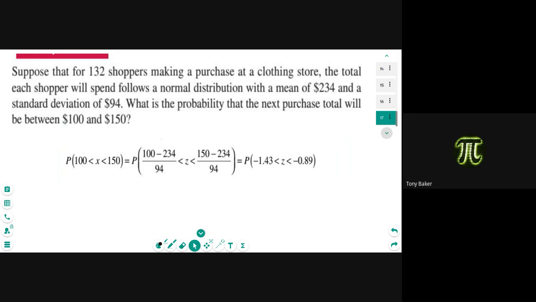You have to do two, like the first one we did between 10 and 40. So you have 100 minus 234 divided by 94, and 150 minus 234 divided by 94, and you get negative 1.43 and negative 0.89.